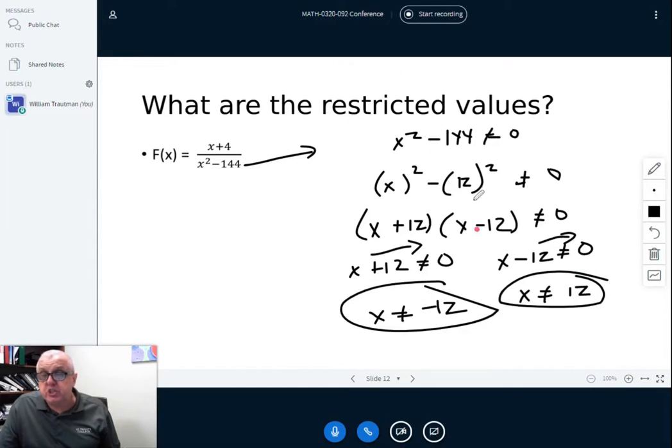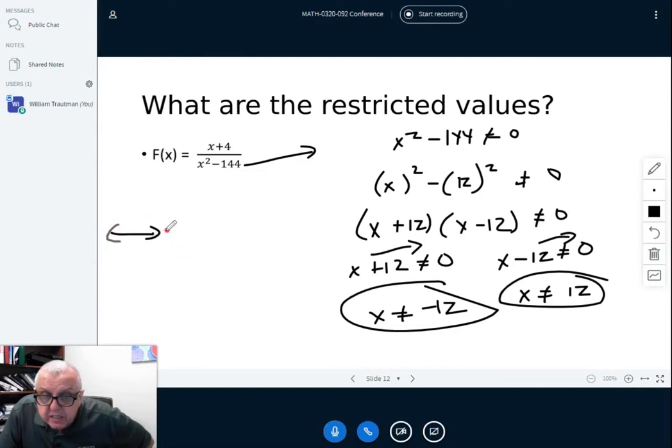Those are my restrictions. X cannot equal 12 or negative 12. If we were doing the domain now on our number line, right, x equals everything until we get to negative 12. And then we keep on going. There's 0. Keep going to positive 12. X cannot equal that.